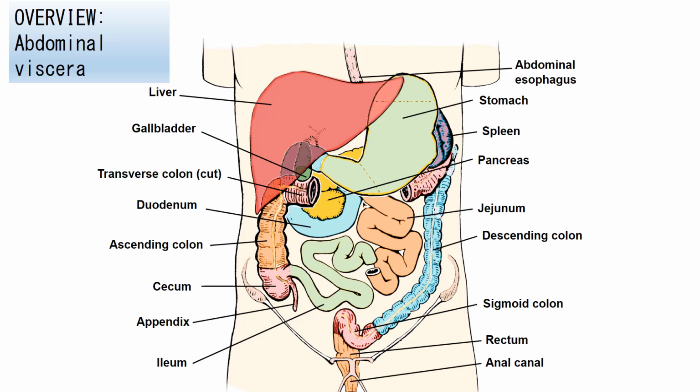The large intestine is the remainder of the GI tract. It's only about 1.5 meters long, but it's larger in caliber than the small intestine, as you can see here.